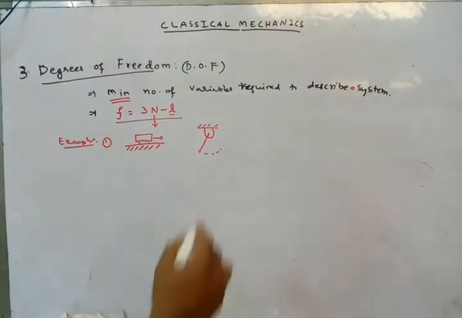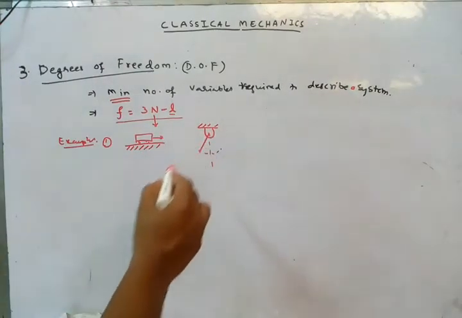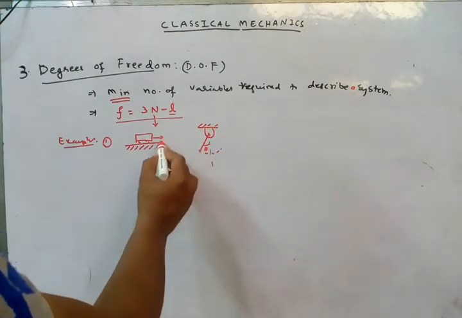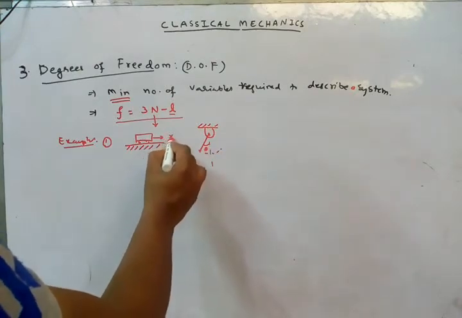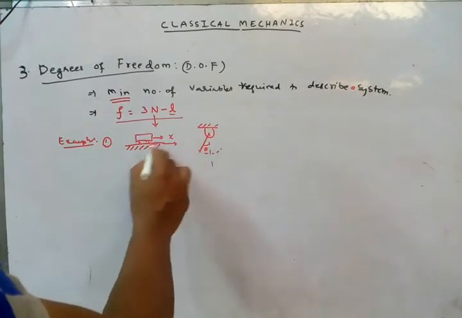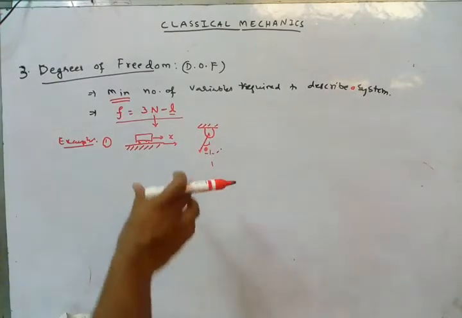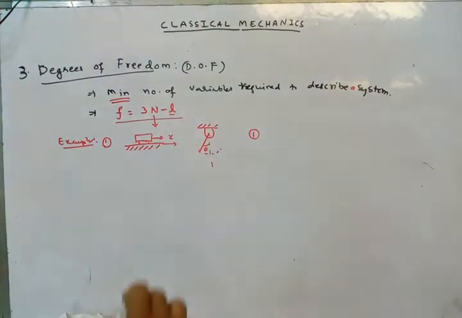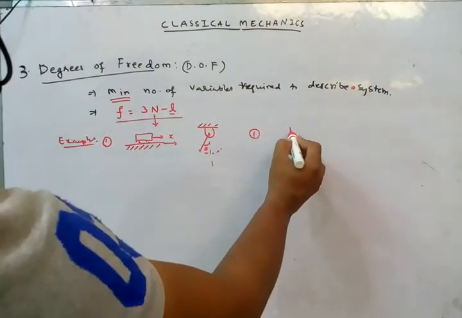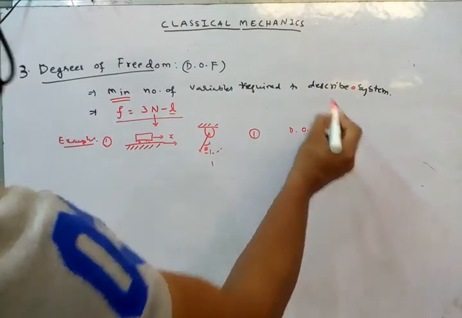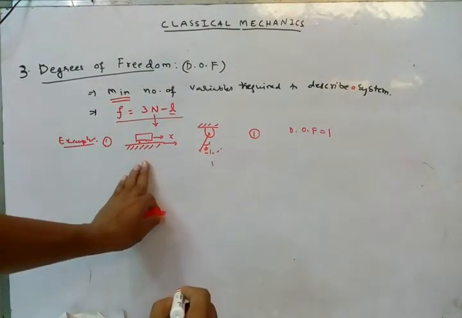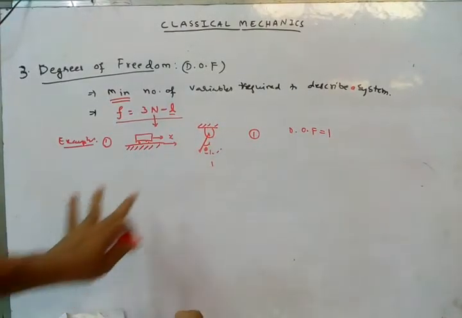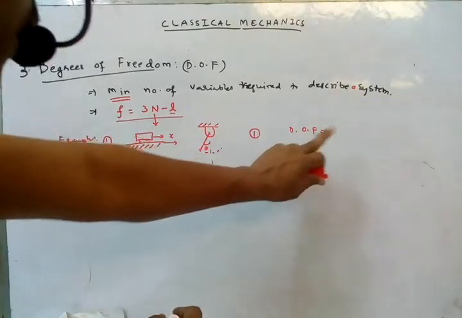In this system, theta is there, this is a pendulum, and the other is only moving in the x direction. So to describe these two conditions, only one variable is required. That is, DOF for this system is equal to 1.